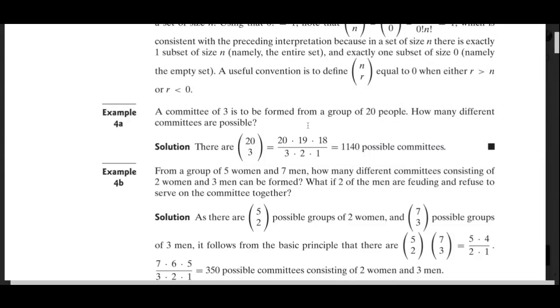Well, I can change this question a little bit. I can change this question to be, out of 20 people, I want to choose 3 people, 1 to be the president, 1 to be the vice president, and 1 to be the secretary. So that would be different because the 3 people would have different titles, you know, the order involved.